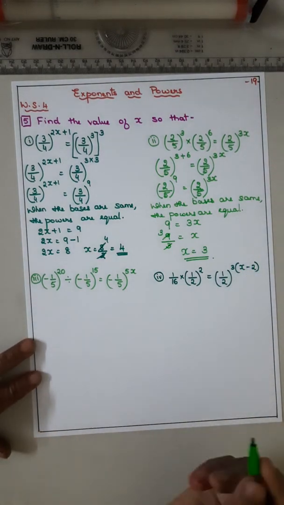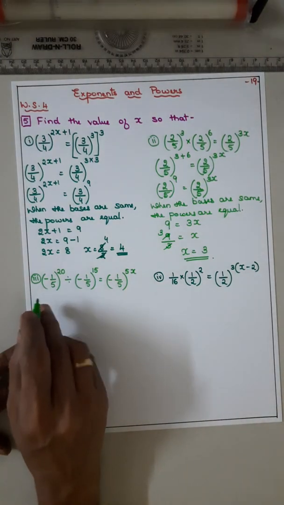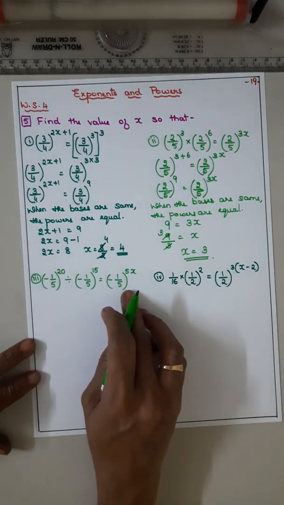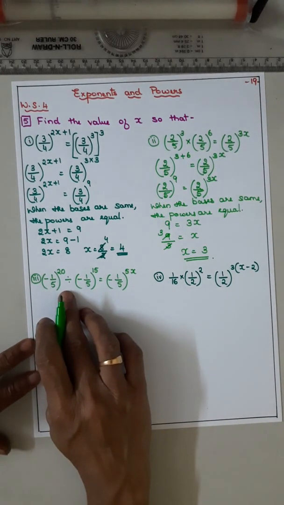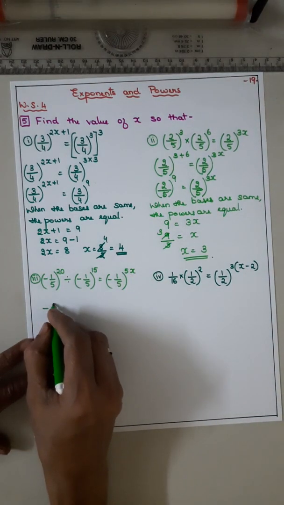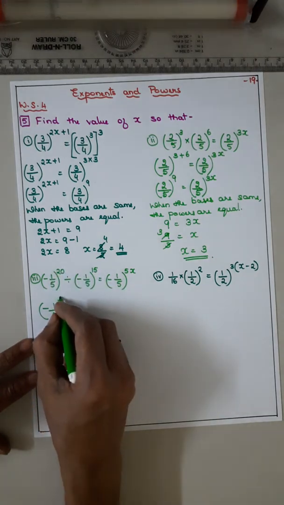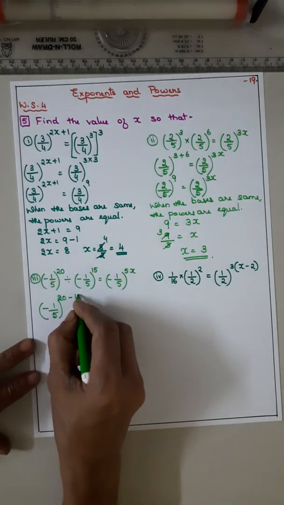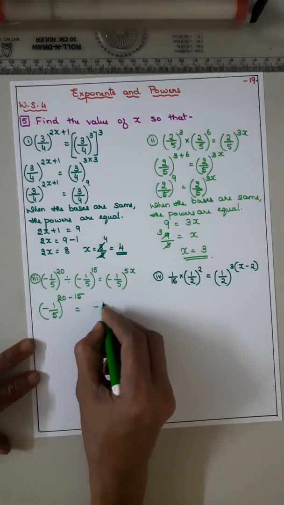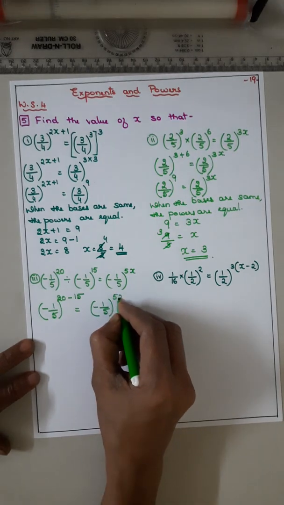Now coming to the third sum, minus 1 by 5, minus 1 by 5, base, here also minus 1 by 5. Here it is division, means what? Subtract the powers. (minus 1/5) raised to 20 minus 15, because it is division. (minus 1/5) raised to 5x.